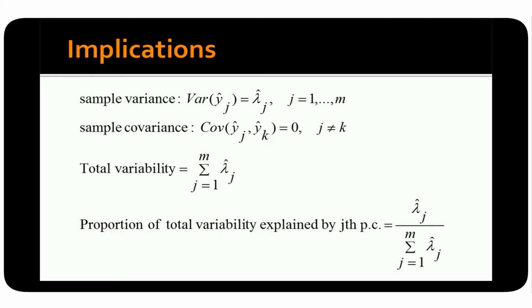As before, the total sample variance would be given by the sum of the eigenvalues. So, in this case, the total variance is equal to summation j equal to 1 to m lambda j hat. And obviously, the proportion of variability explained by the first principal component would be lambda 1 hat divided by this sum of lambda j hats. Okay.